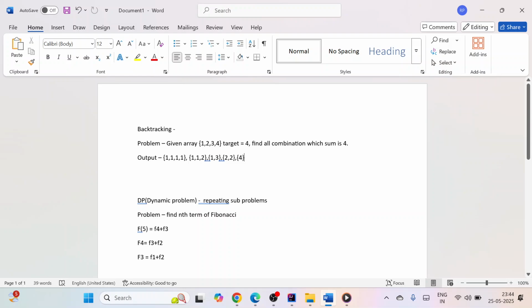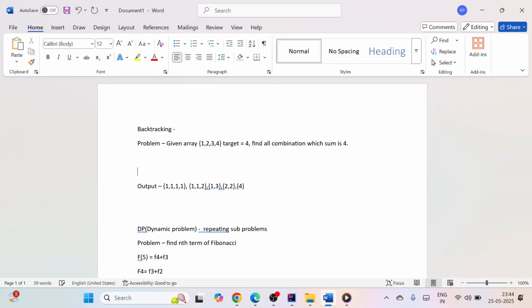So whenever you get this kind of problem, you have 1 2 3 4. What can you think? You select the first, then you can select the second, the third and the fourth, and see whether the sum is 4 or not. But if the sum is not 4, then you have to go back and select 1, 3.